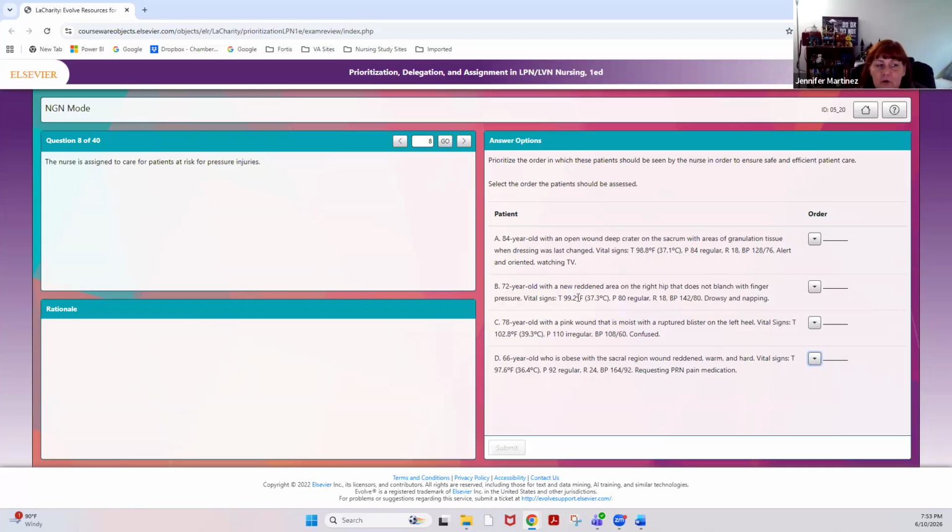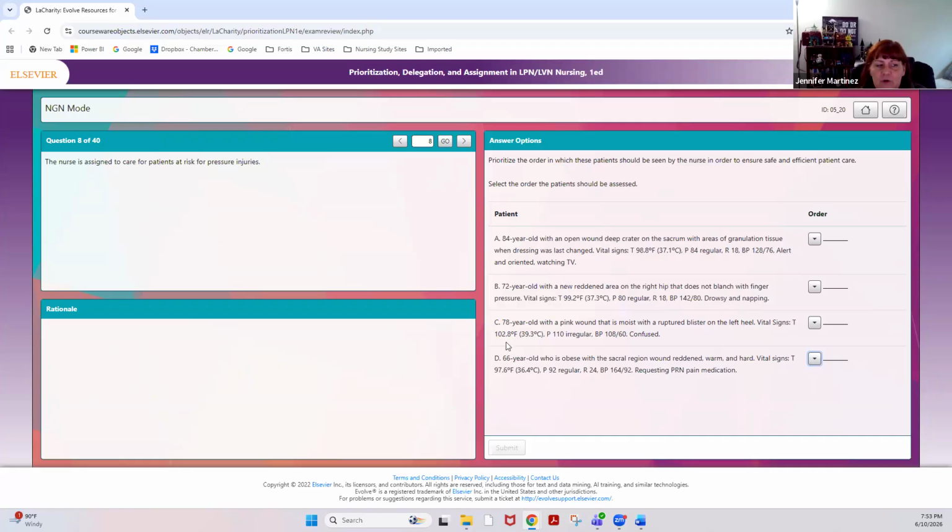Next, we have a 72-year-old with a new reddened area on the right hip that does not blanch with finger pressure. Vital signs 99.2, pulse 80, respiratory rate 18, blood pressure 142/80, drowsy and napping. Third one, we have a 78-year-old with a pink wound that is moist with a ruptured blister on the left heel.